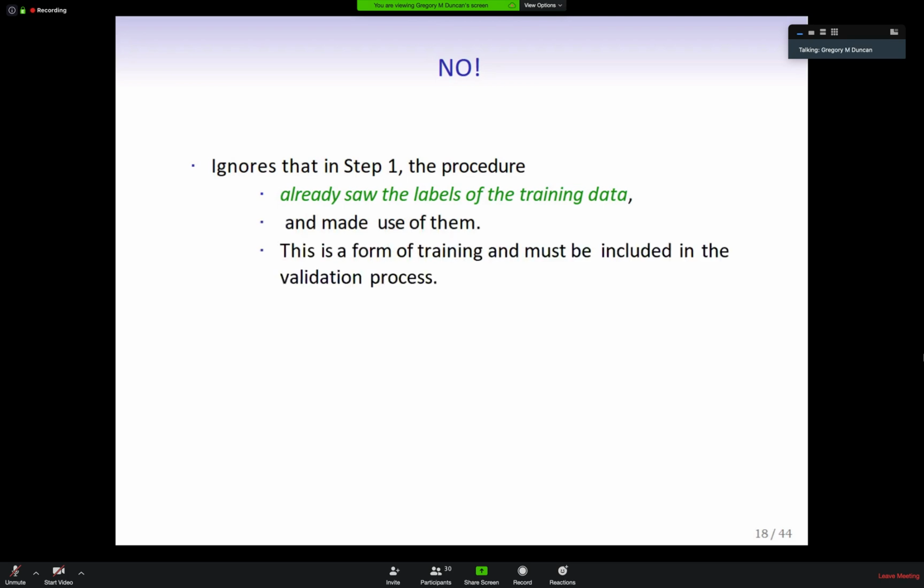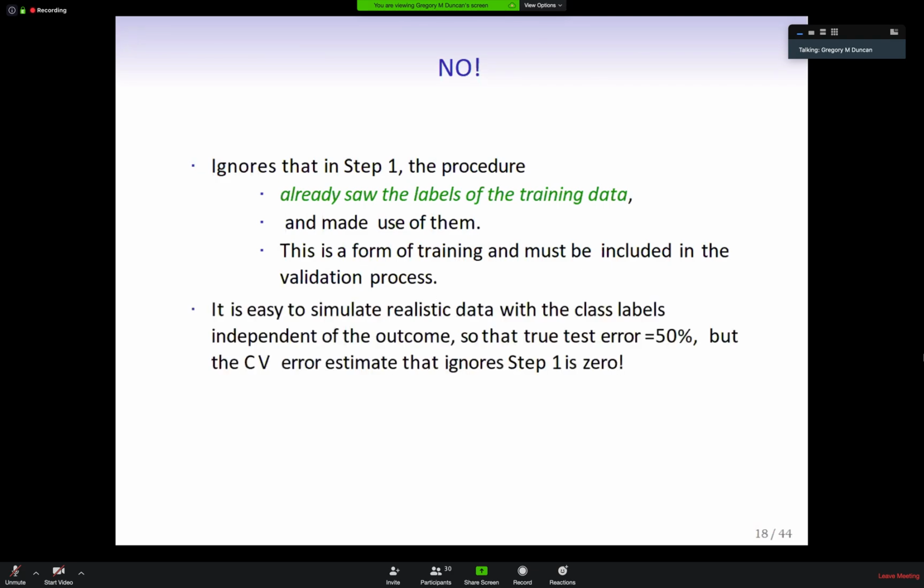That's a form of training, and it has to be included in the validation process. So there's something that people call pre-processing the data, and people do this all the time. One has to be very, very, very careful that when one pre-processes the data, one hasn't entirely screwed up the process.